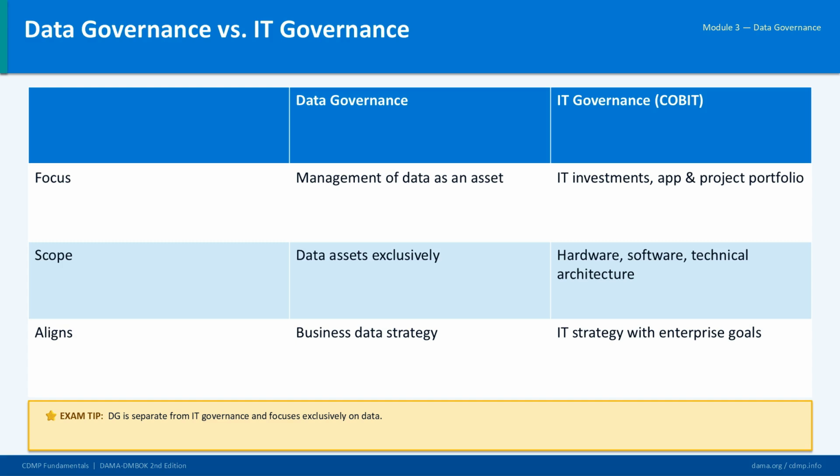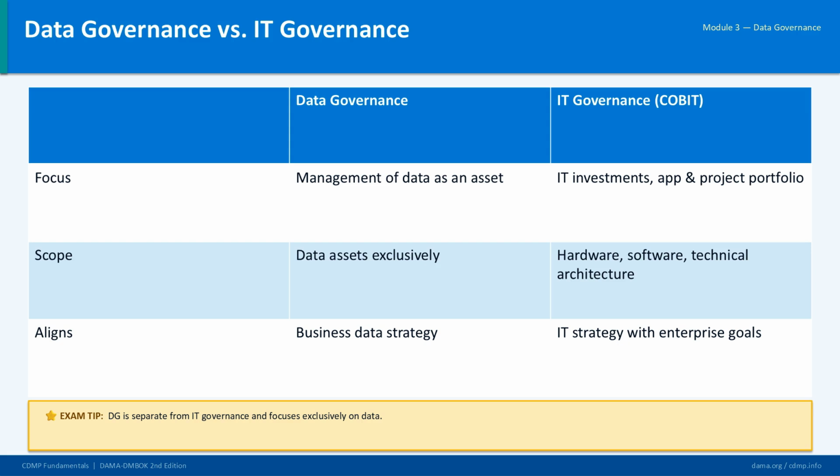The second distinction you must master is data governance versus IT governance, because they sound similar but are genuinely separate. Data governance focuses on the management of data as an asset, its scope is data assets exclusively, and it aligns the business data strategy. IT governance, by contrast, makes decisions about IT investments, the application portfolio, and the project portfolio, hardware, software, technical architecture.